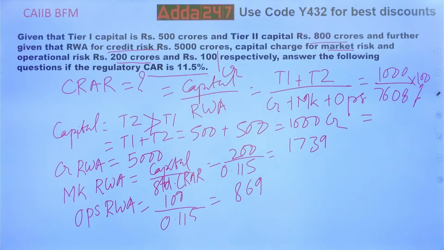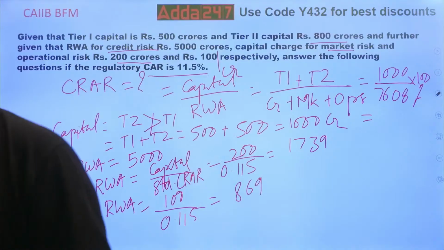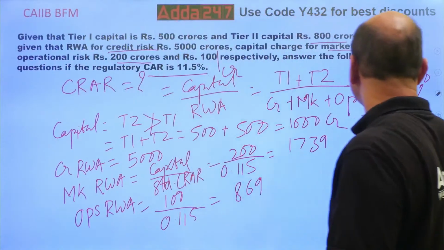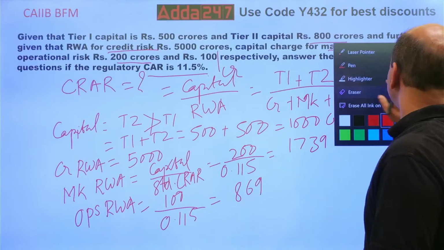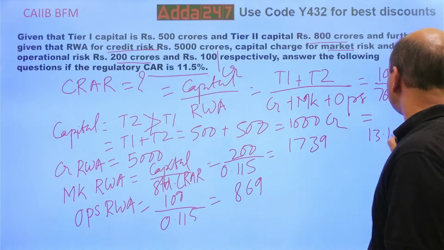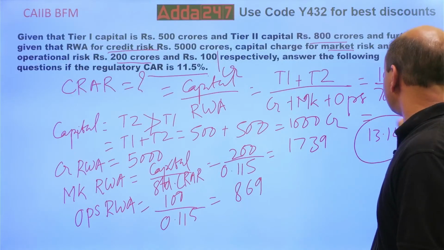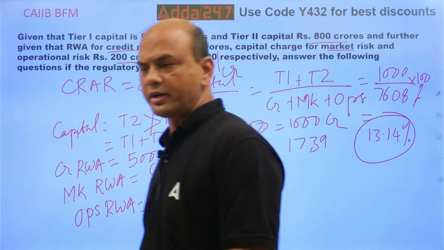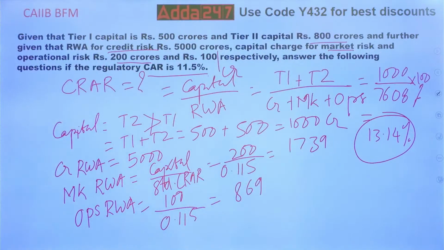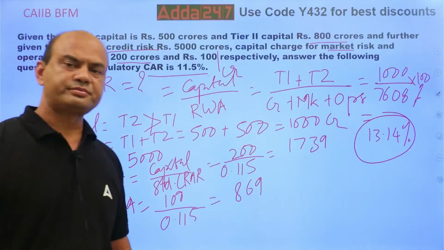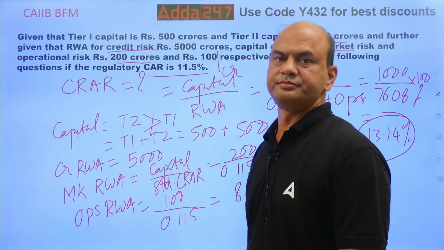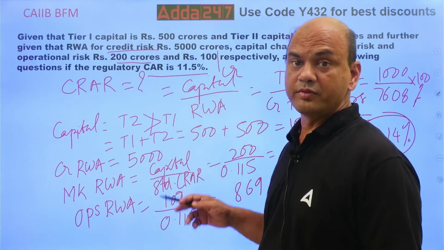You are getting 13.14% after multiplying with 100. Your final answer is this. Got it? This was the important numerical which is asked in exam.